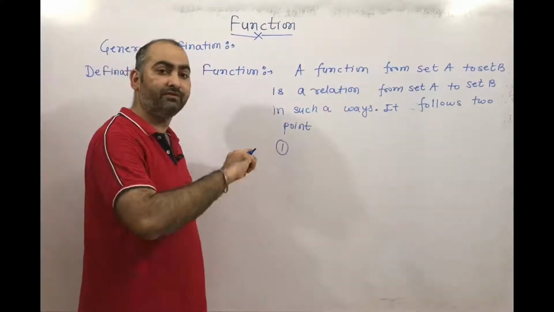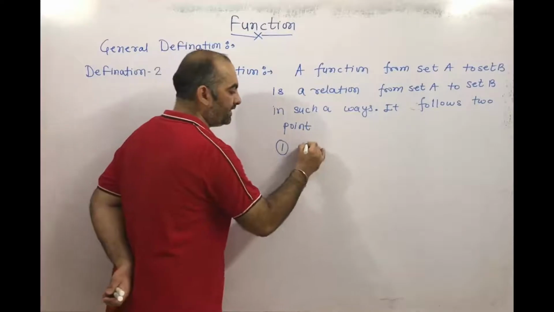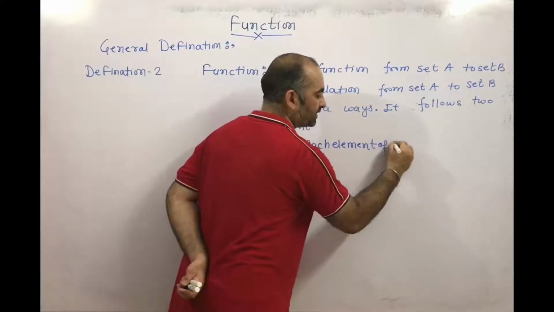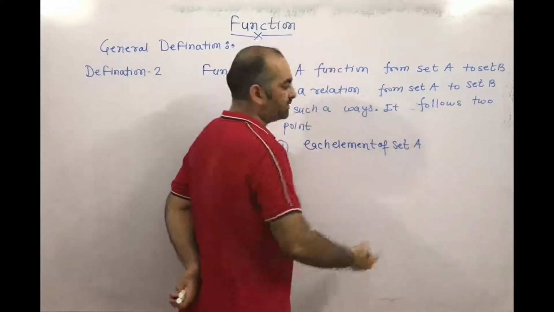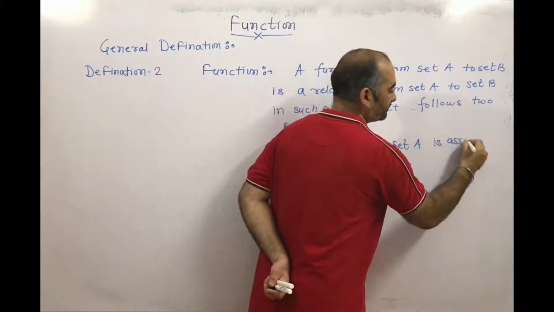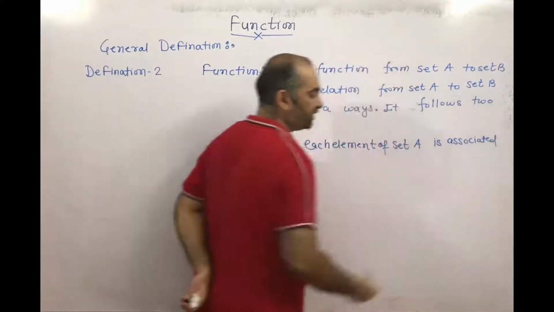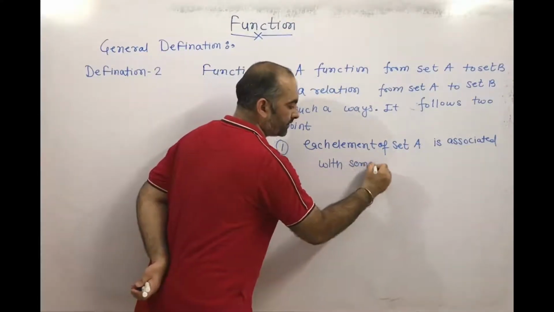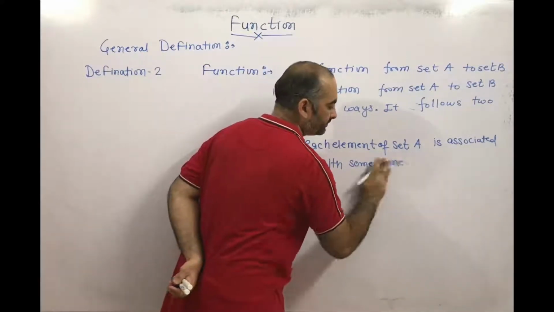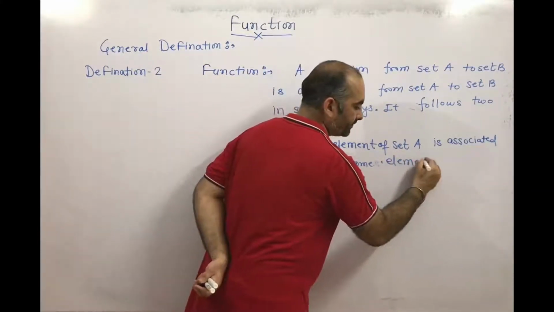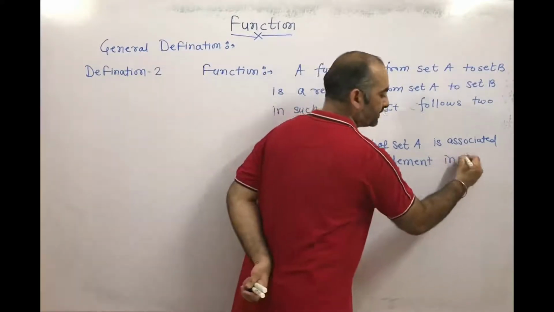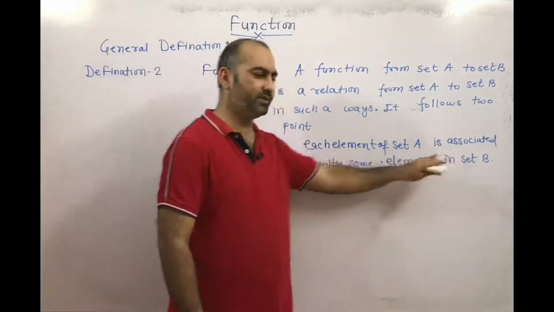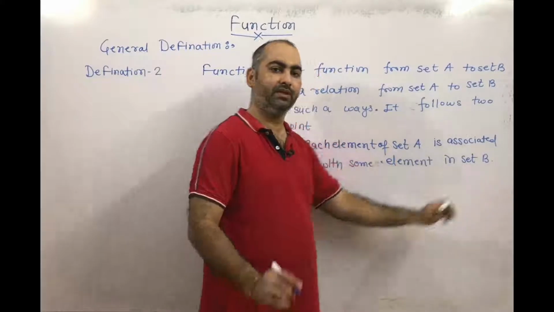First point: the function is defined from A to B, so each element of set A is associated with some element in set B. Second point is what?